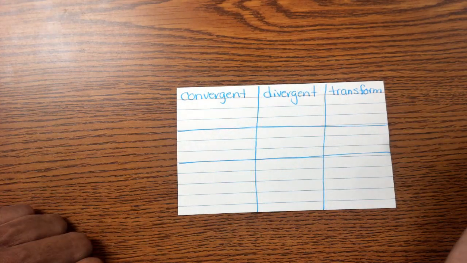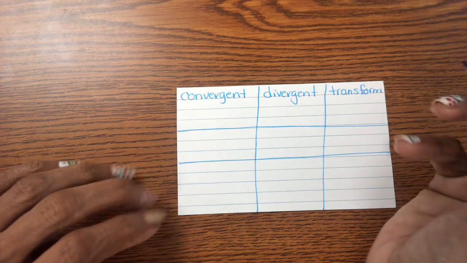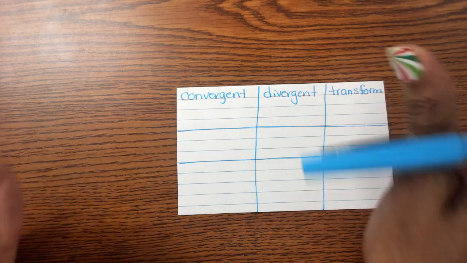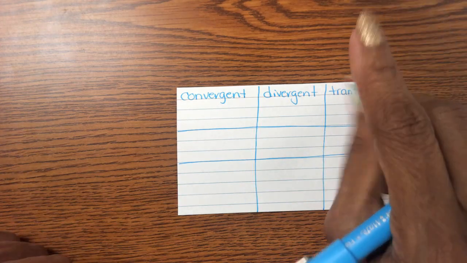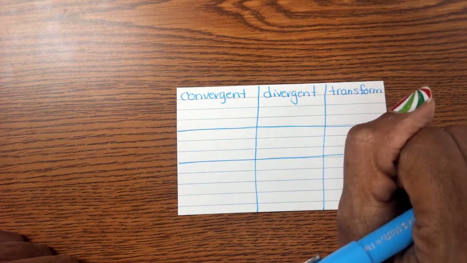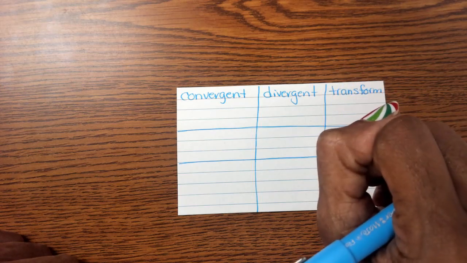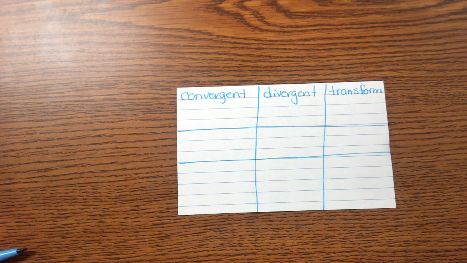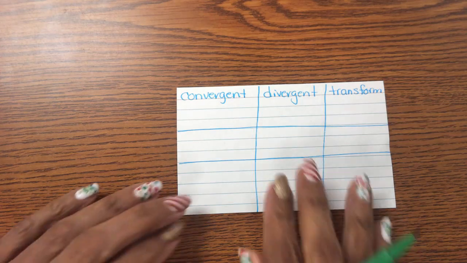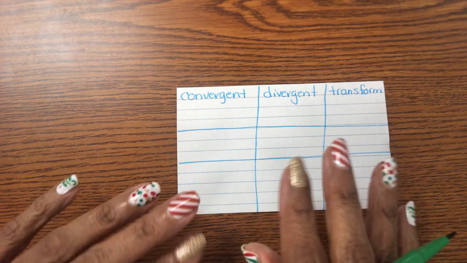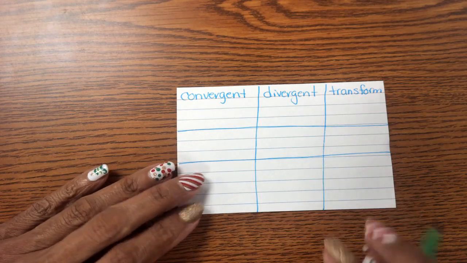Because for the convergent boundary, well, let me back up. There are two types of crust that we're going to deal with: ocean crust and land crust. So for a convergent boundary, you can have three different combinations of crust coming together.